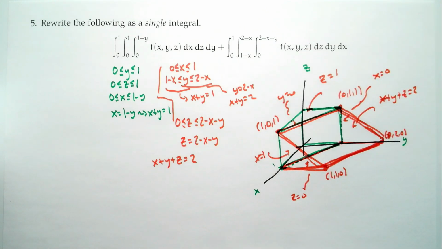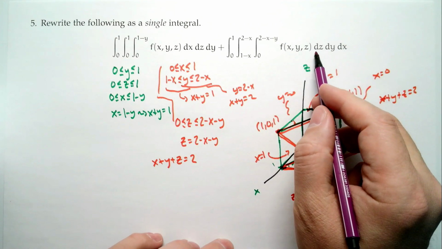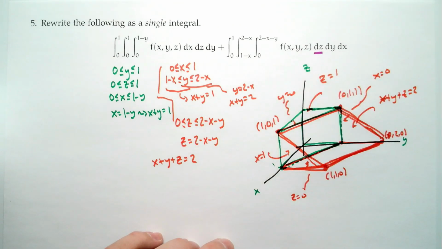So we have a bunch of pieces coming together, but all the pieces that bound this region are flat, which is a good thing. We like flat things. We have a pretty good track record with flat things. So we have a couple of choices. We have to choose our order of integration so it can be done in one integral. So one thing we might say is, okay, could we have z as the innermost layer consistently?